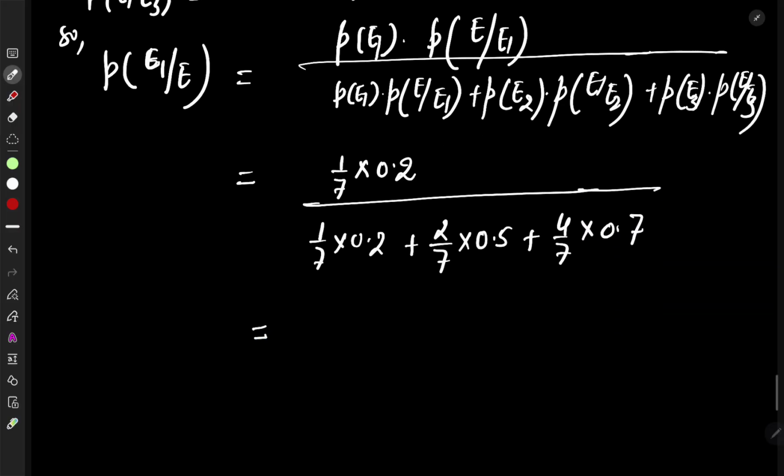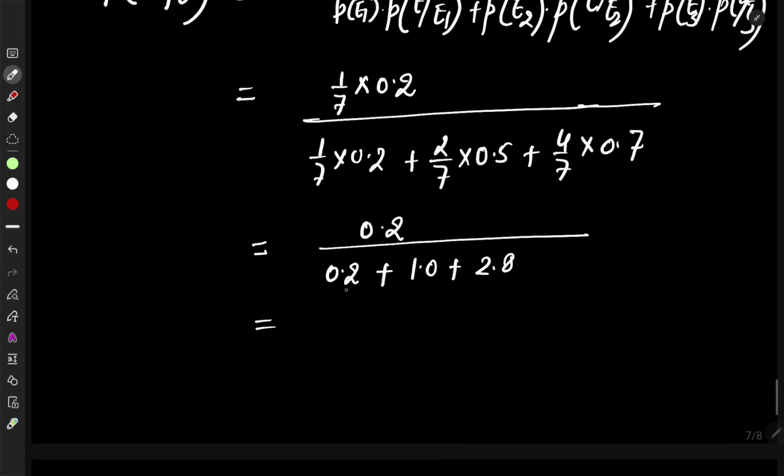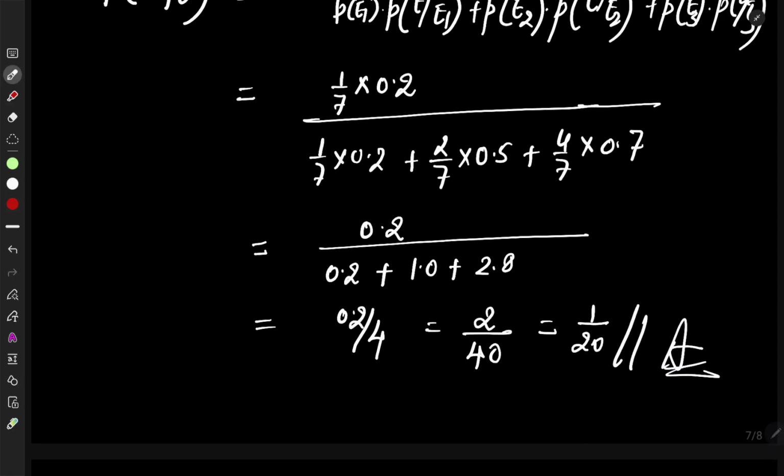The 1 by 7 in the numerator and denominator is common and will be cancelled, leaving 0.2 divided by 0.2 plus 1.0, plus 2.8. 2.8 plus 0.8 becomes 3, 3 plus 1 is 4. So 0.2 divided by 4 means 2 divided by 40, which means 1 divided by 20. So this is the answer.